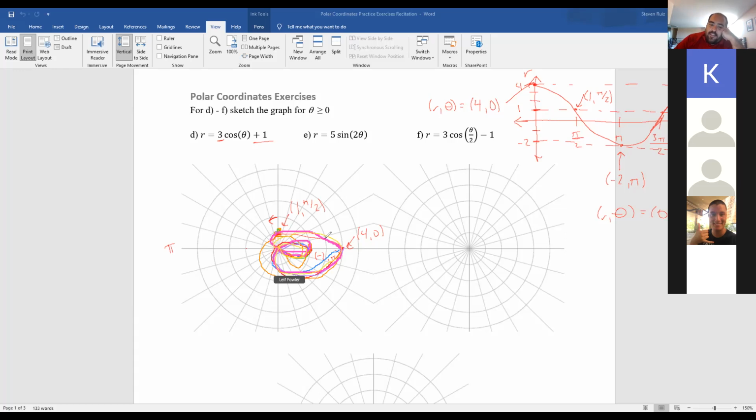Okay, I'm seeing a lot of good things. Let me ask you a true or false question here. True or false, this graph in the polar plane is symmetric. False? What type of symmetry? Mark said false, it's a mirror across the x-axis.